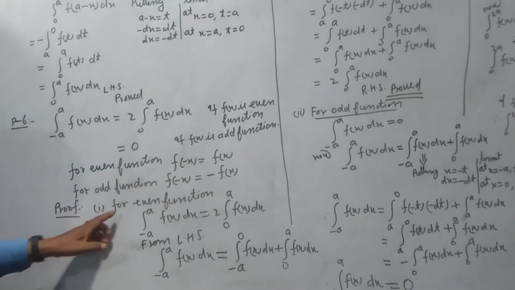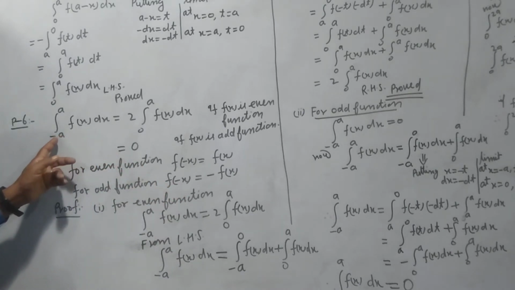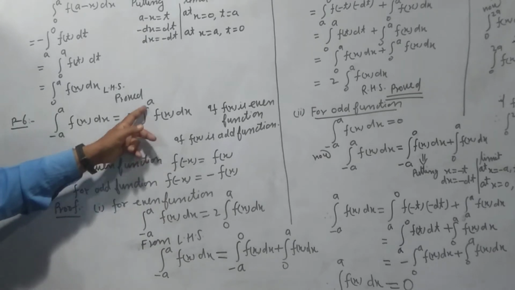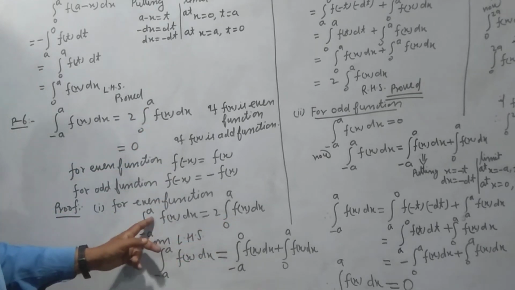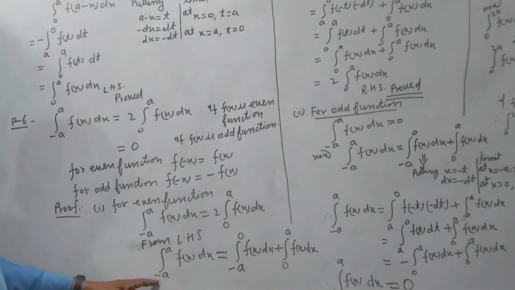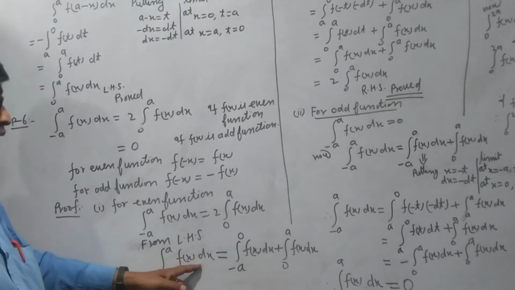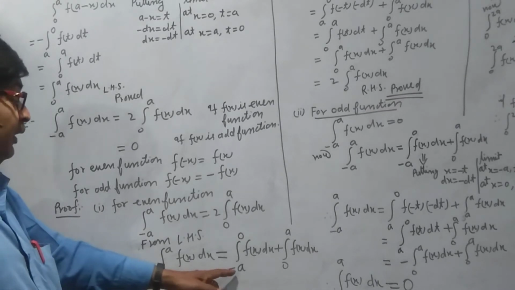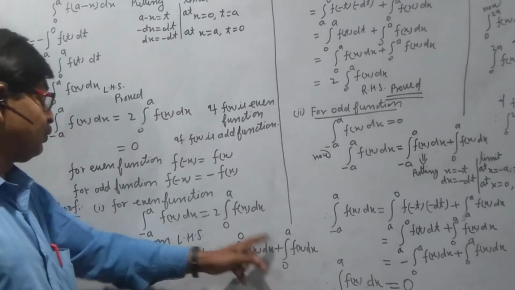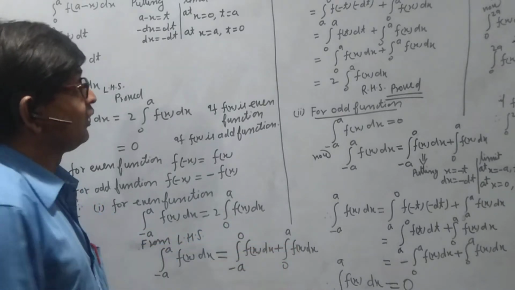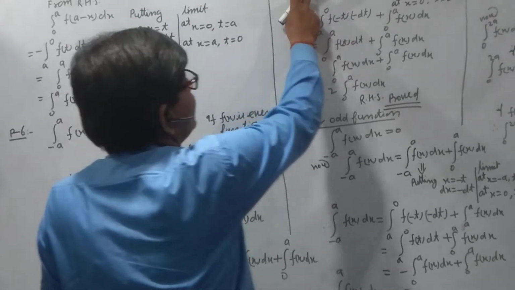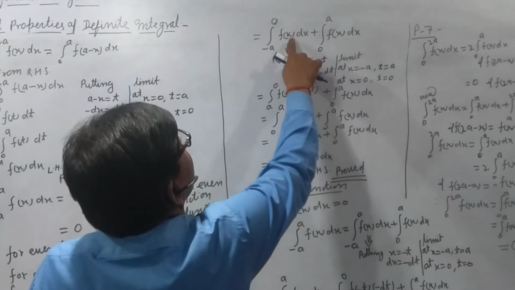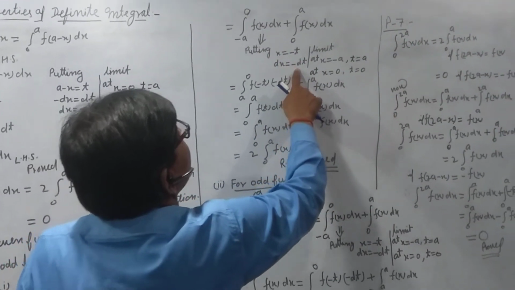Proof. First, for an even function, the integral from minus a to a of f(x) dx is equal to 2 times the integral from 0 to a of f(x) dx. From the left hand side, the integral from minus a to a of f(x) dx can be broken into two parts: minus a to 0 of f(x) dx and 0 to a of f(x) dx. In the first part, putting x equal to minus t, dx is equal to minus dt.